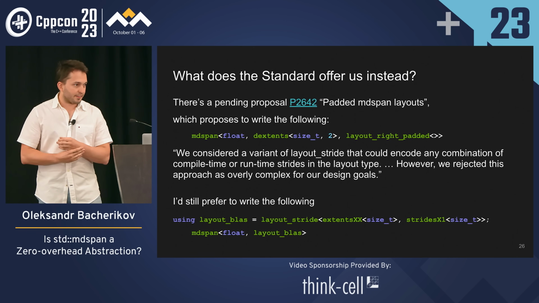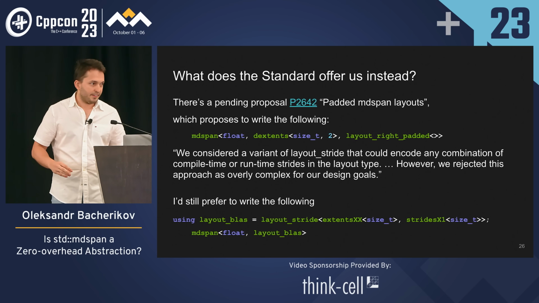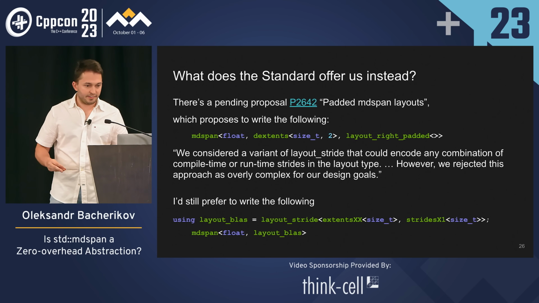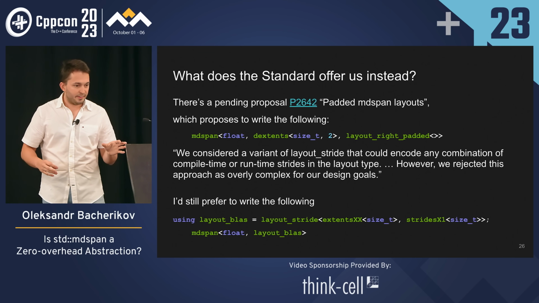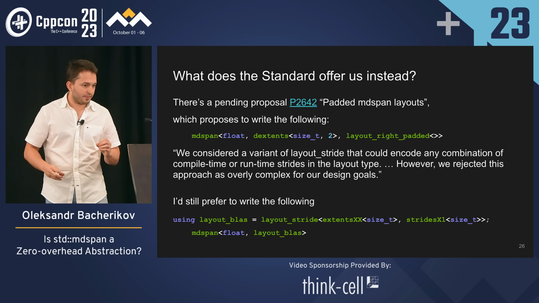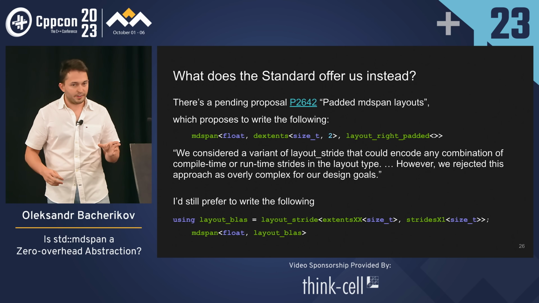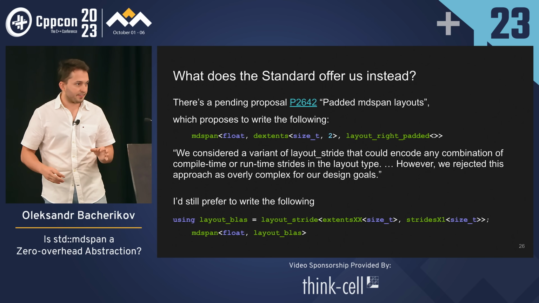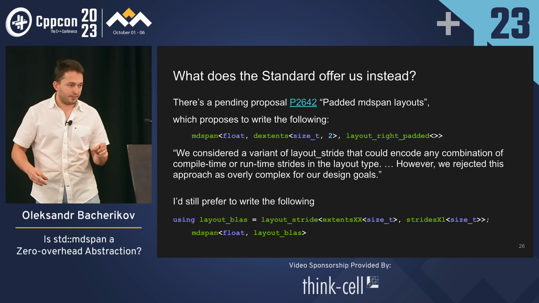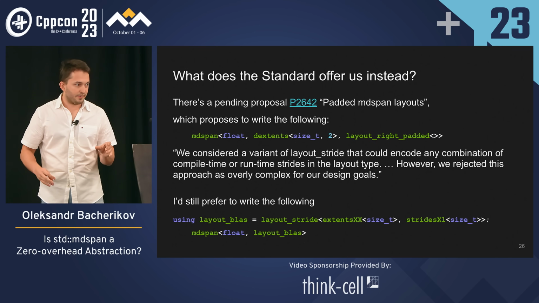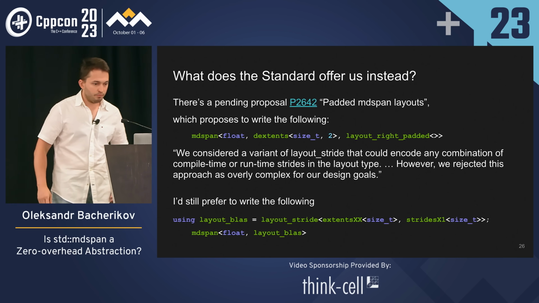And I would really prefer to write something like this, where I can take just a standard layout stride and specify extents for it. And in there, I use an X notation for runtime value. So in here, we have two extents, both known at runtime. And for strides, I could specify clearly that only the first one is known at runtime, and the second one is always 1.